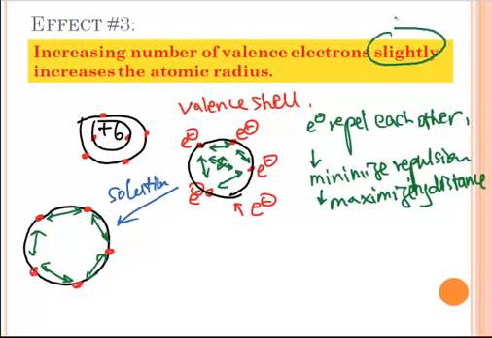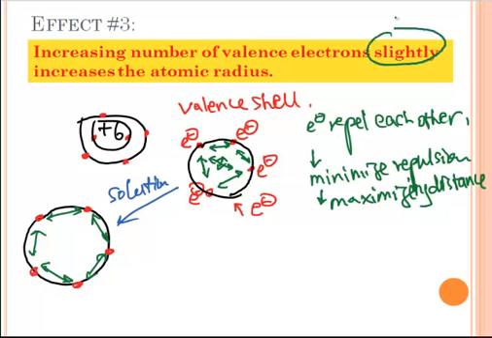For example, let's take a look at, as we mentioned earlier in this discussion, the trend for the same group. As you go down the group, which means increasing atomic number, the radius goes up.